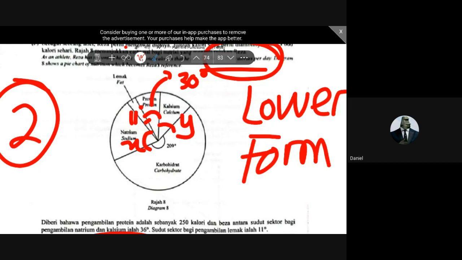So, asas dia kamu kena bentuk dulu. The process of solving is your algebra, kemahiran algebra. Tapi bentuk persamaan tu yang susah. Forming the equation is always the hardest. So, if anyone got the first equation, please tell me, okay?